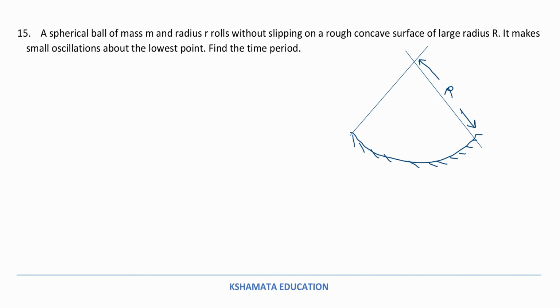From the mean position, the lower end over here, which I mark as the mean position of the spherical ball, if the ball reaches this point, making an angle theta from the mean position, then from here to here we are considering that the motion happened.